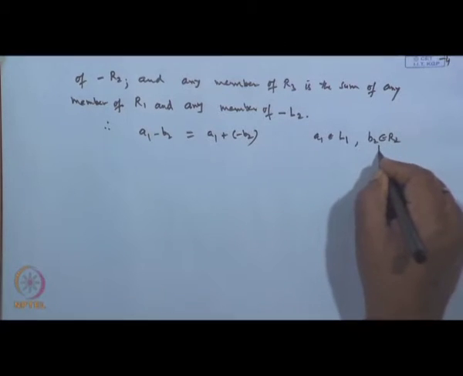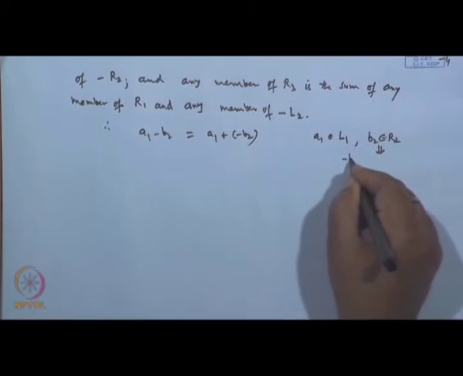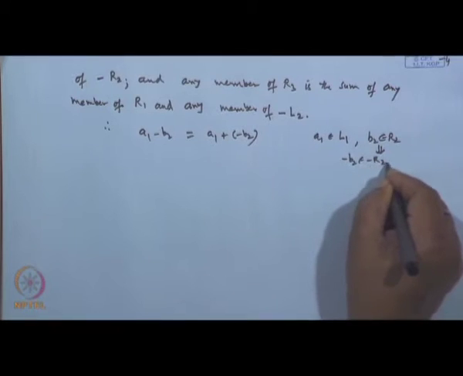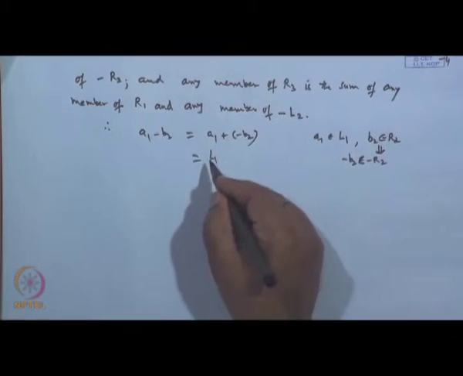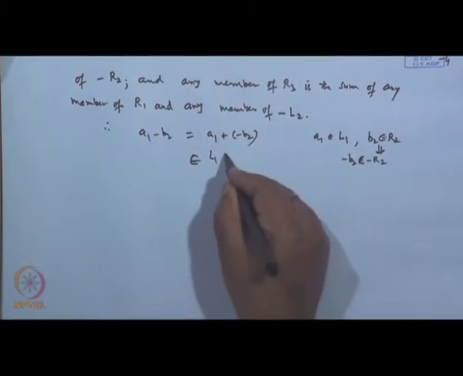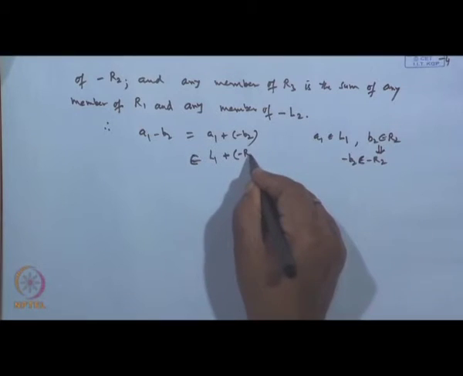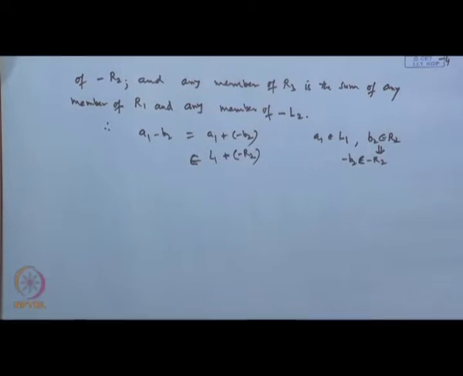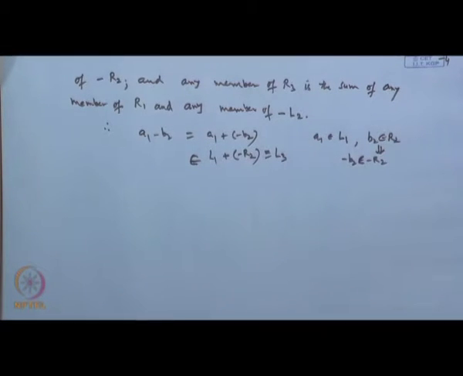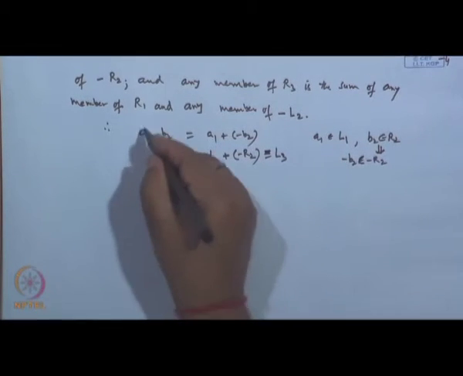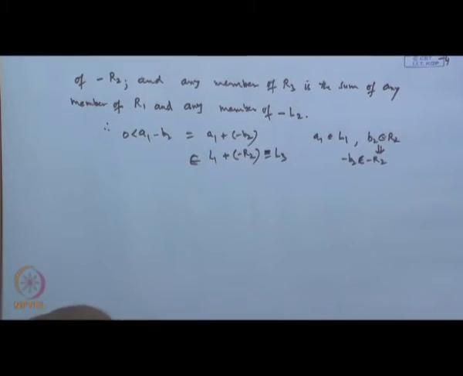So, minus B 2 will be in minus R 2, is it not? Therefore, this is the sum of L 1 plus minus R 2, and that is nothing but L 3. That is nothing but L 3, and this A 1 minus B 2 is greater than 0, positive.